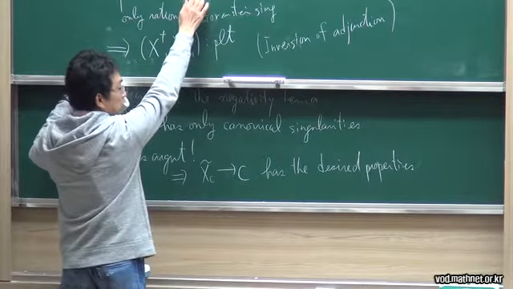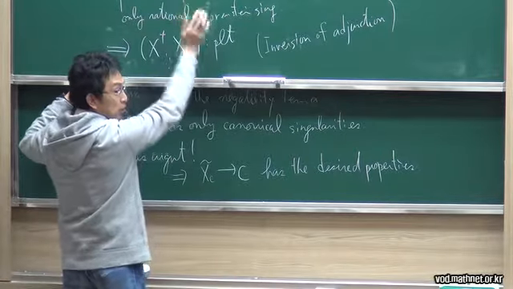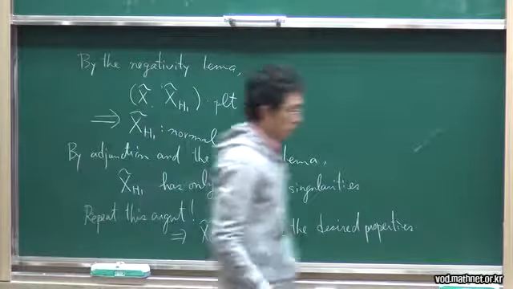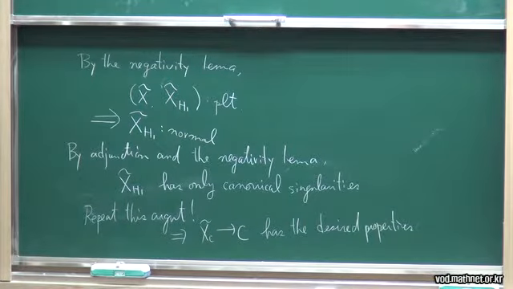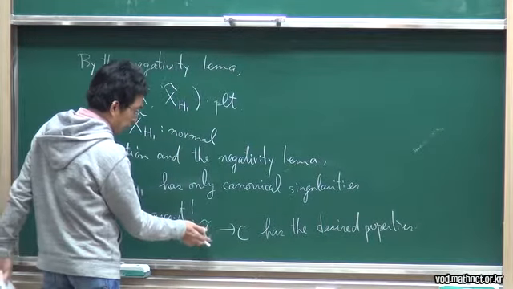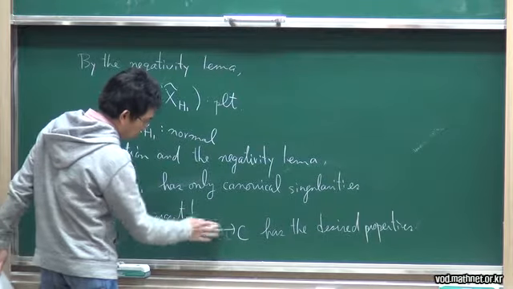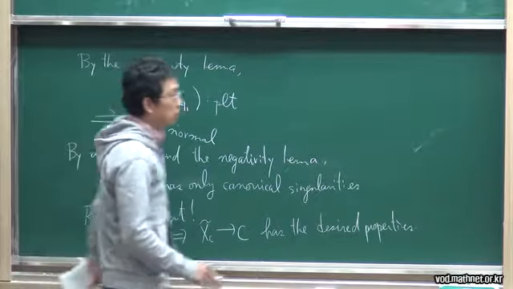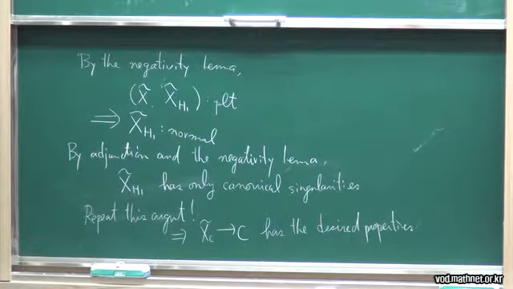This is weakly semi-stable, so take H2 and repeat the same argument. So yeah, by repeating the same argument dimension Y prime minus 1 times, then we obtain X tilde C is normal and has only canonical singularities, and so of course this is dominant, so this map is flat, and we can choose C passing through a given arbitrary point.